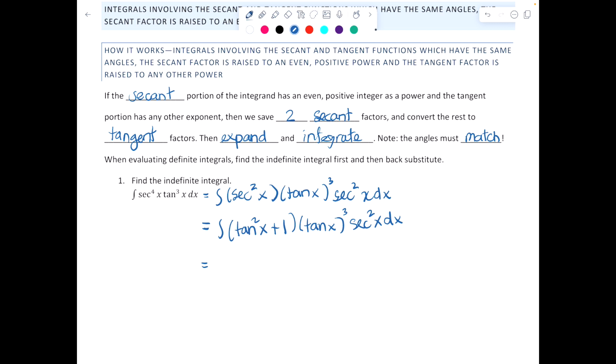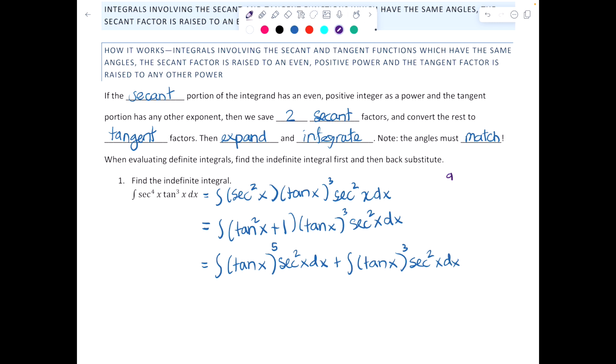Now is when I distribute. So I'm going to separate it into two integrals. We have our tangent function raised to the fifth power, with secant squared at x dx going with it, plus the integral of tangent at x, that quantity cubed, times secant squared at x dx.